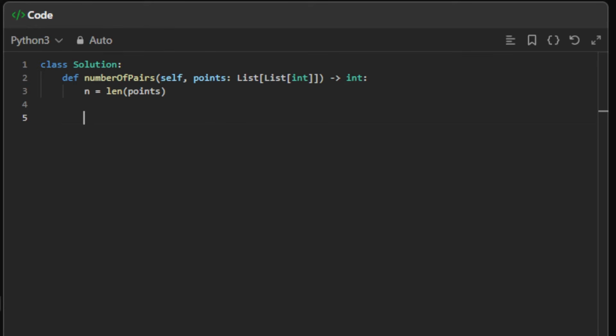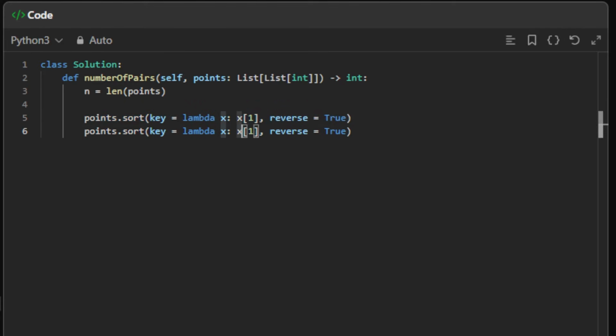The first one is points.sort with key equals lambda x, and here we take x[1], reverse equals true. And after doing this, we can do the same for x[0].